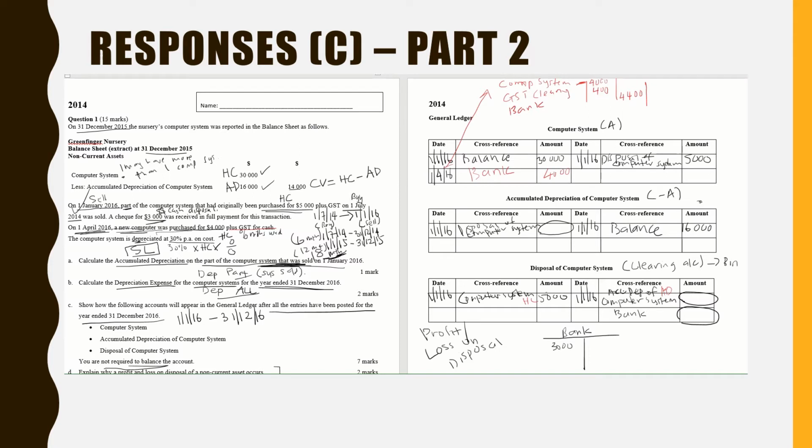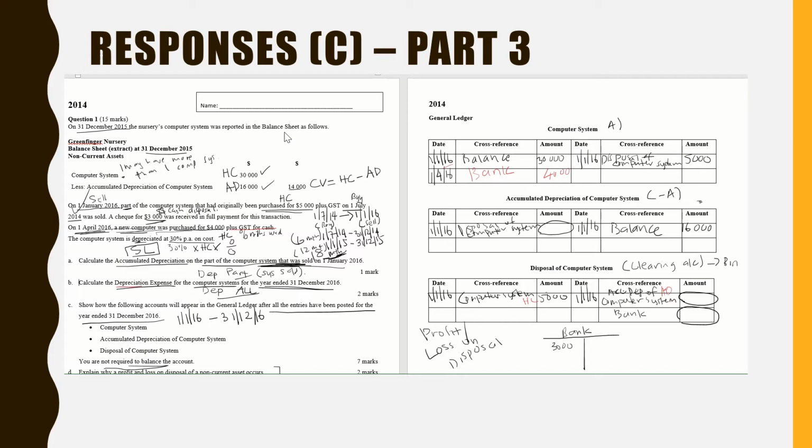Now, I'm going to record a third part to completing question C, and that will be for the depreciation expense for the year. This is the last part for question C, and that's to record the depreciation expense.